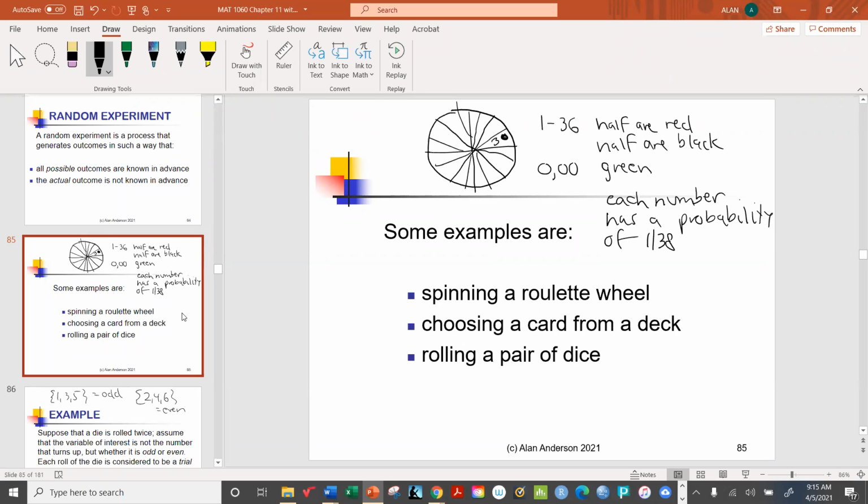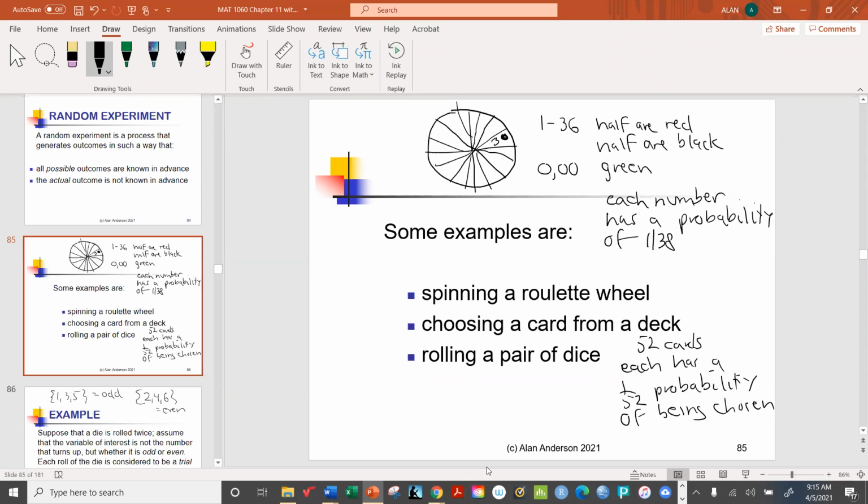All right, now choosing a card from a deck. Well, you've got 52 cards. Each is equally likely to be chosen. Therefore, each has a 1 out of 52 chance, or probability, of being chosen. And so you could, for example, ask yourself, what's the probability of getting an ace or a red card or a diamond or that kind of thing?